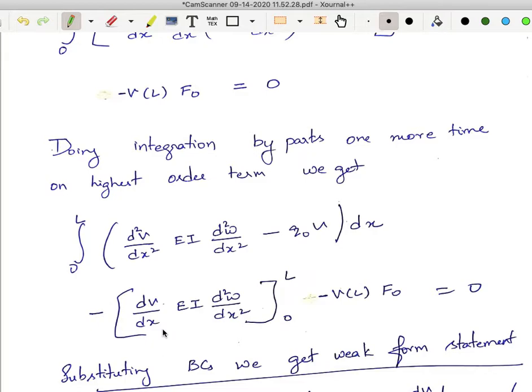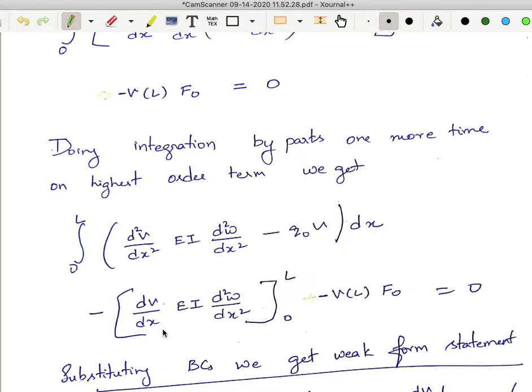So another essential boundary condition is dw by dx equal to 0. So at x equal to 0, what will be dv by dx then? Primary variables, wherever they are imposed, variation of those primary variables will also be 0. So variation of w by dx at 0 will be 0.